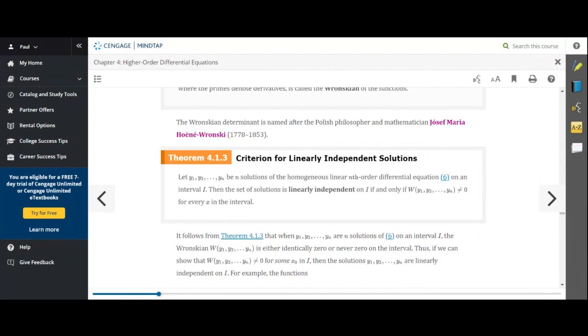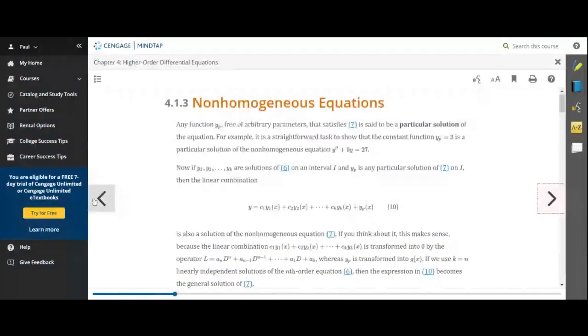Okay, so if your Wronskian is not equal to 0, then your solutions to a differential equation would be linearly independent.